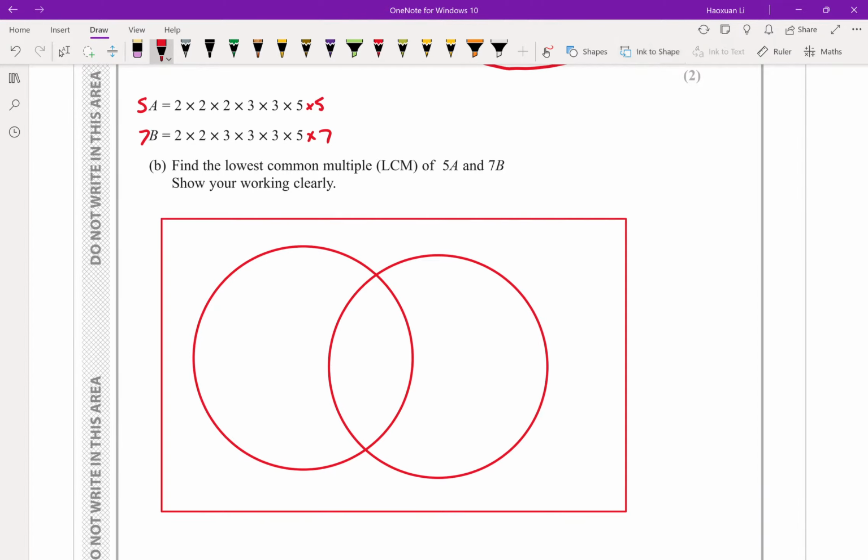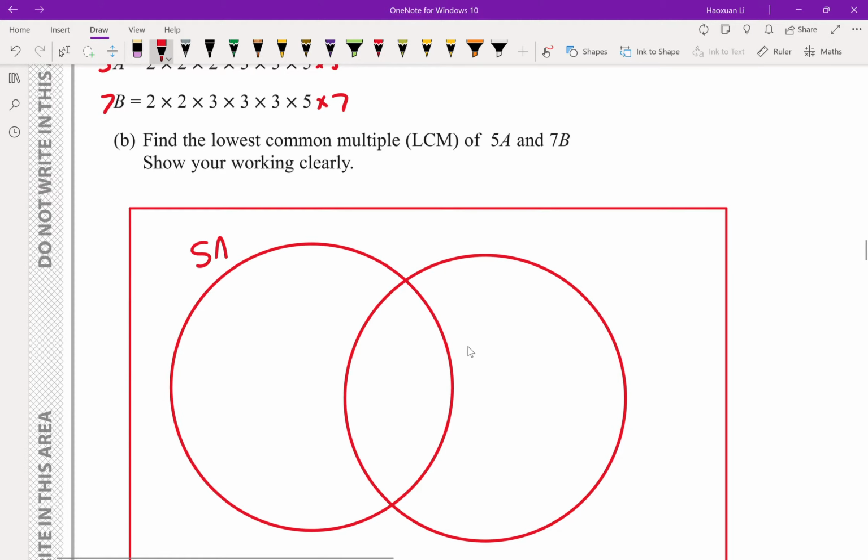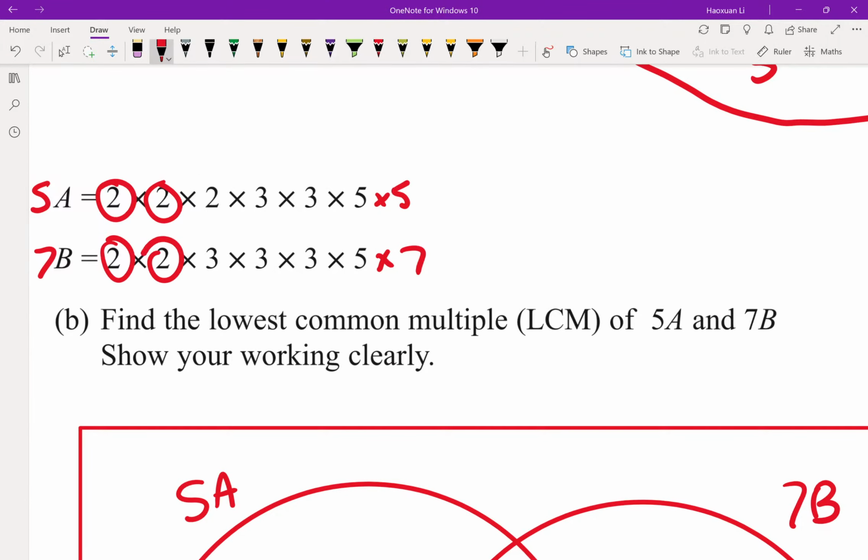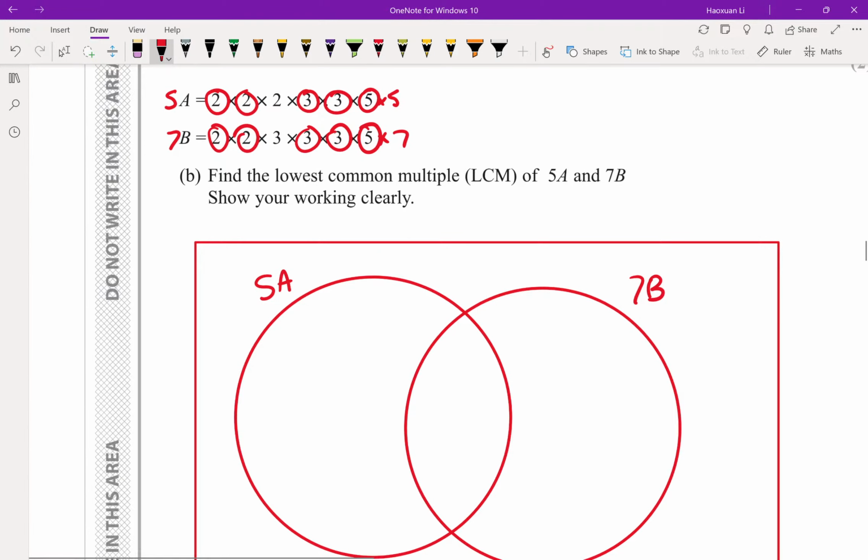To make it easier, 5A, 7B. So find the lowest common multiple first. So you see here 2, 2, and these would be the greatest common factor. So 2 squared, 3 squared, and 5.